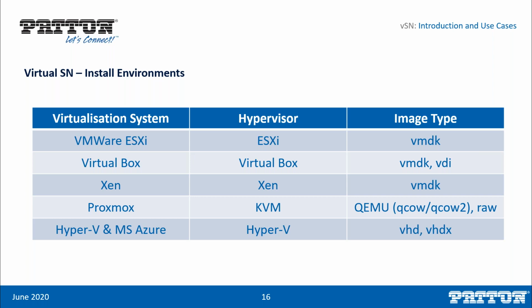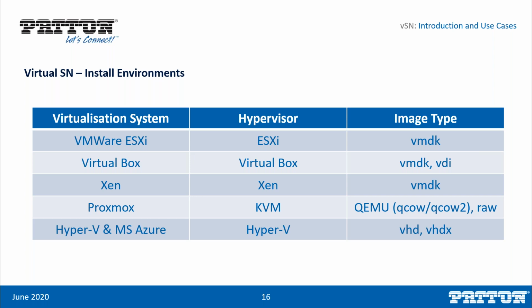Now let's go a bit into the infrastructure part of the Virtual SmartNode. Where you can run it, and I just mentioned it a few minutes before, but again in a bit more detail: which virtualization systems we support, which hypervisor there is, and which image is to be used.